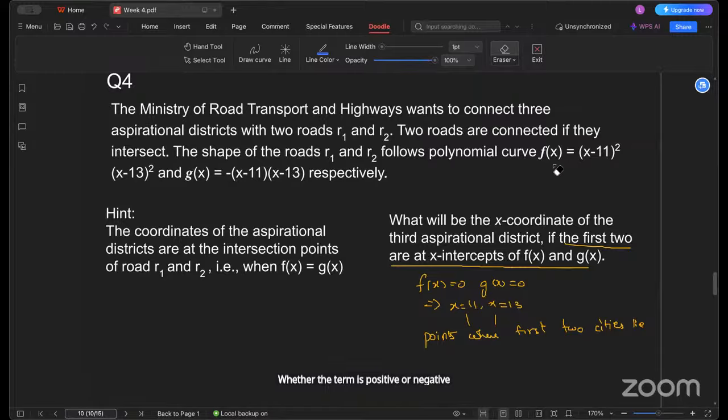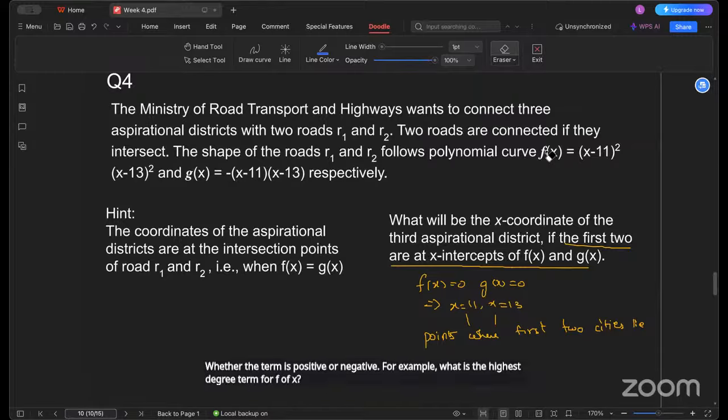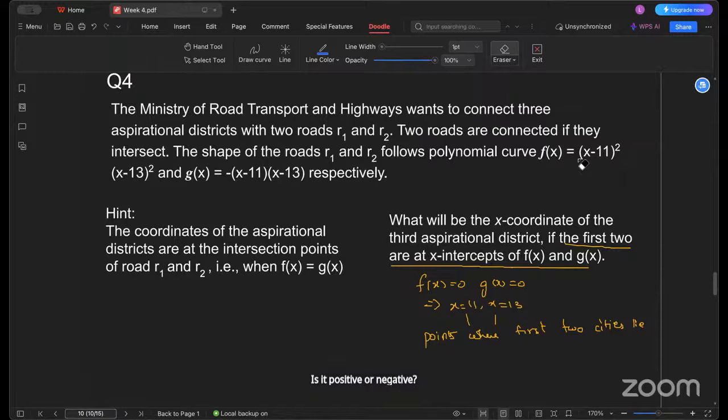For example, what is the highest degree term for f of x? x to the power 4, right? And what's the coefficient of it? Is it positive or negative? Positive. So it means as x goes to infinity, the value will also increase, and as x goes to minus infinity, the values will decrease.